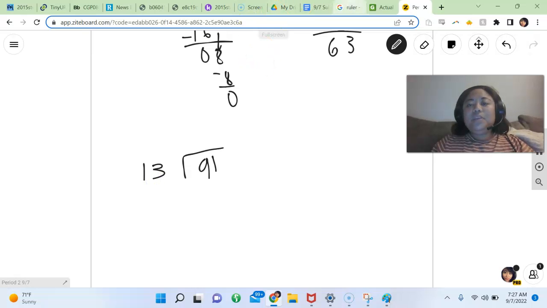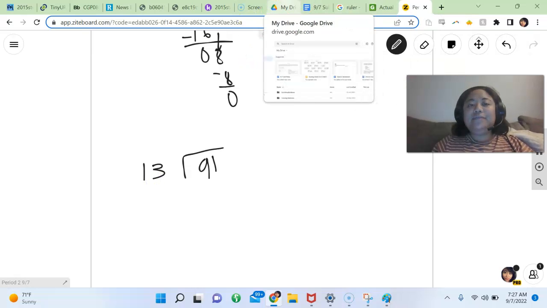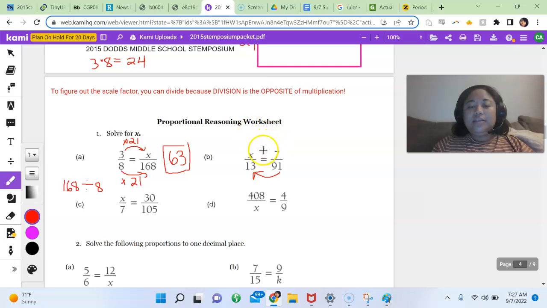And then I'm going to go ahead and find my scale factor, and then I can figure out how to go from one to the other, okay?